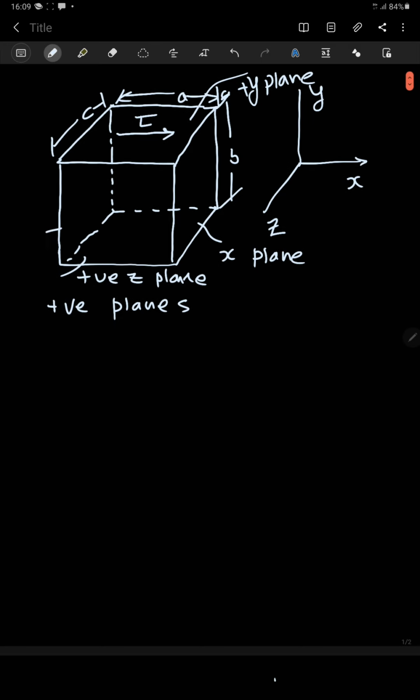So this is your negative x plane, this is your negative y plane, and this is your negative z plane.